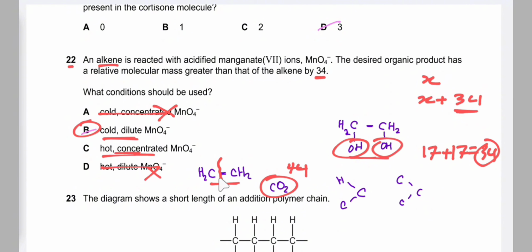And what is the Mr of the alkene? It is 12 times 2 plus 4, that is 28. So 28 is converted to 44. So what is the change in mass? There is a decrease in mass, but here we are given that there is an increase in mass. Therefore, this option is wrong. So the correct answer is B.